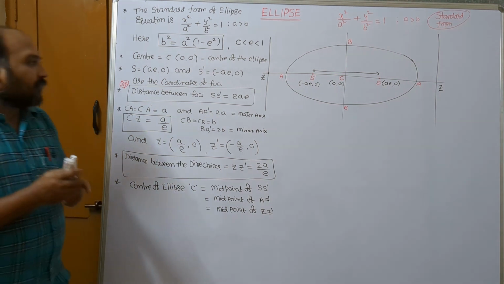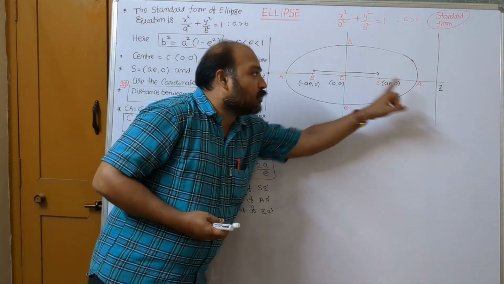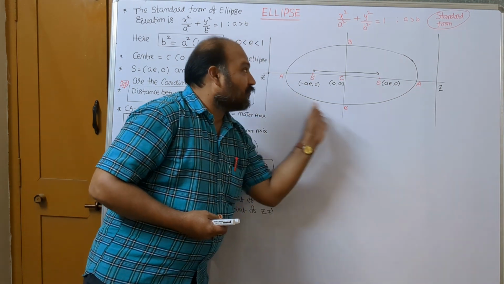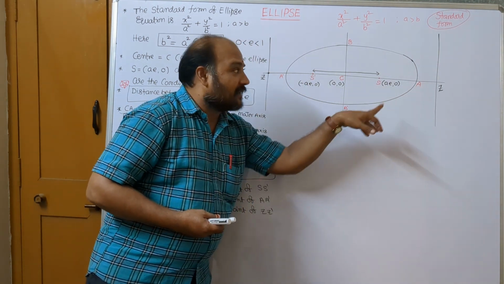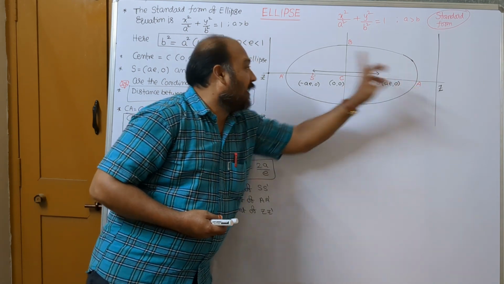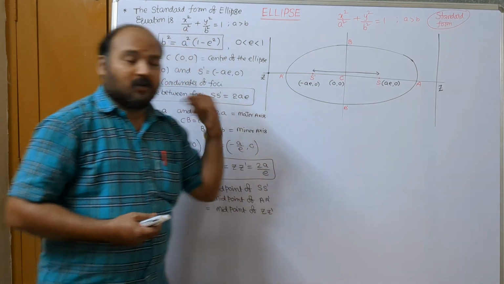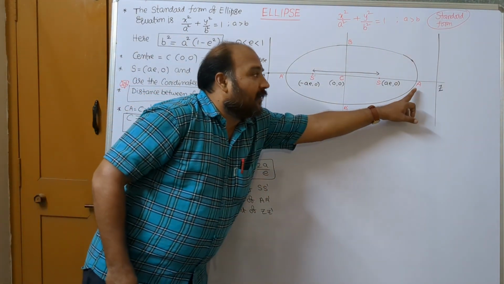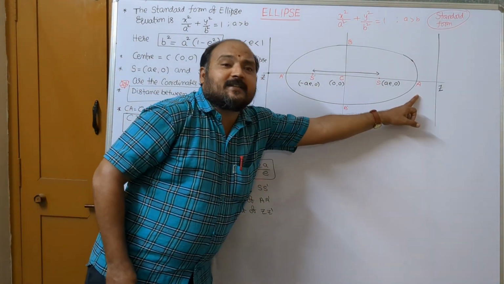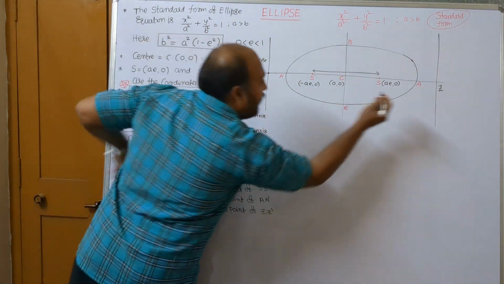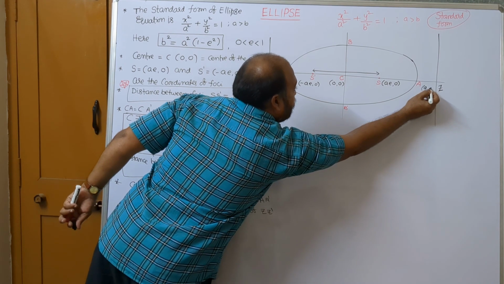Next, distance from center to vertex. The ellipse curve cuts the x-axis and y-axis at the points A and A dash, B and B dash, which are called vertices of the curve. From C to A, the distance is a units, so the coordinates will be (a, 0) on the right side and (minus a, 0) on the left side.